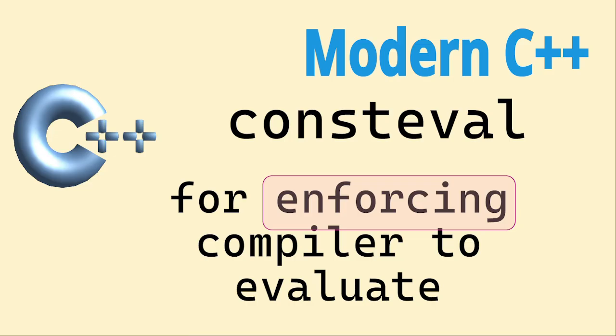But when we use consteval, the compiler must evaluate it as a constant expression. If it is not possible, then the compiler will complain during compilation.